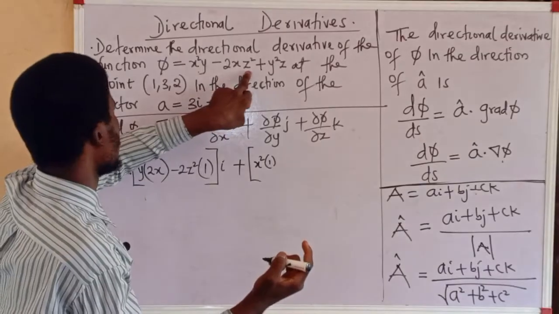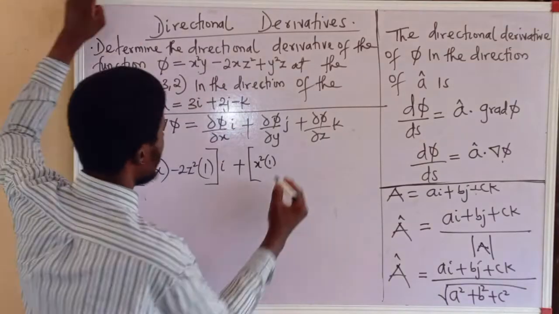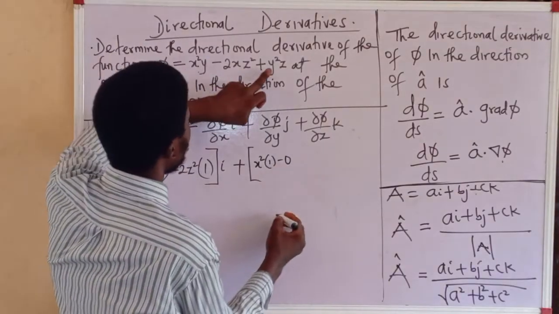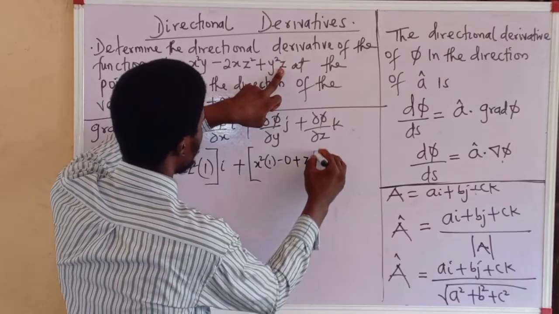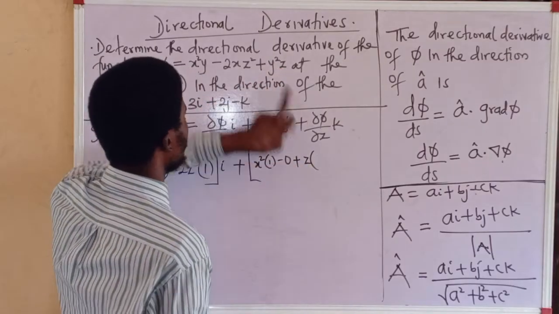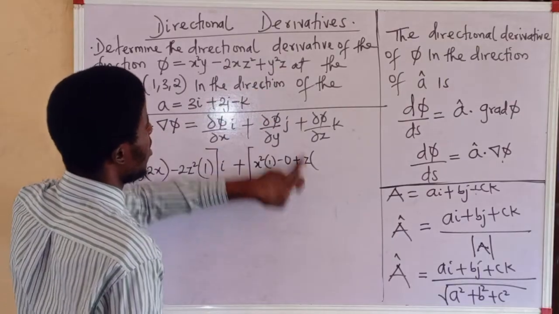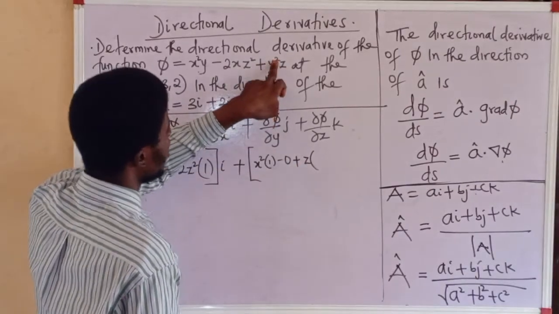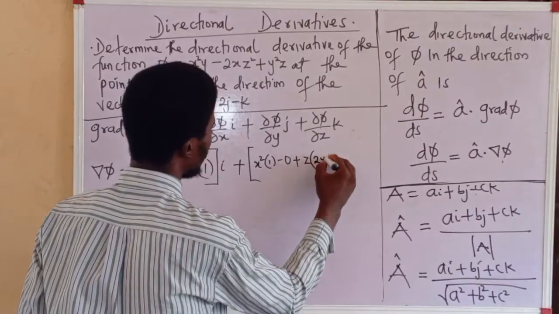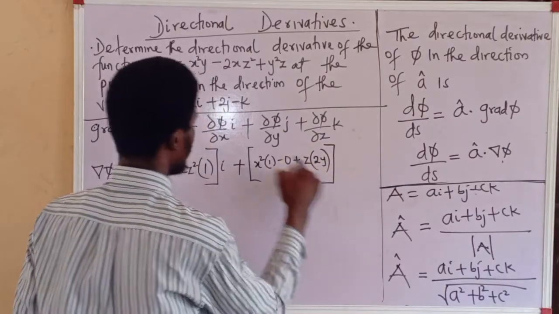Keep z as a constant. We are differentiating with respect to y, keeping z constant. Differentiate y squared with respect to y to get 2y, times j.